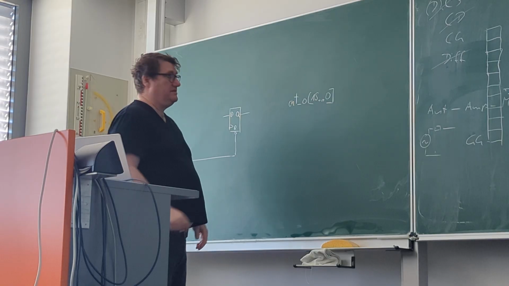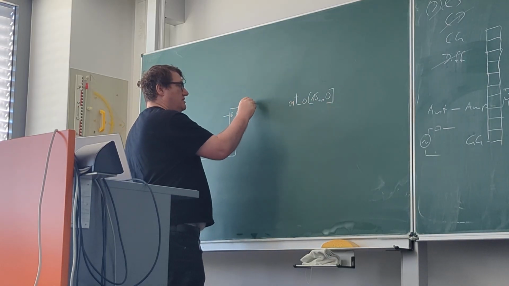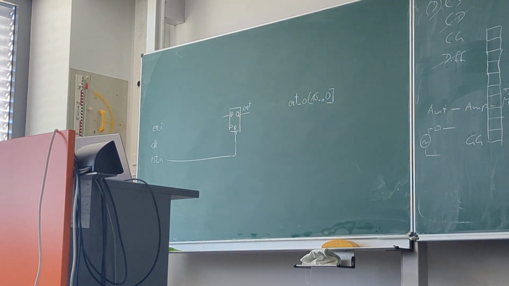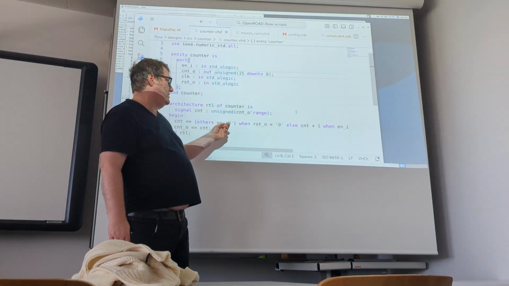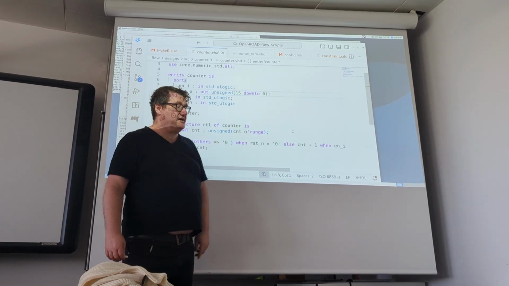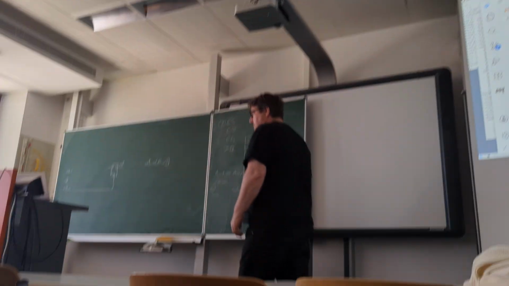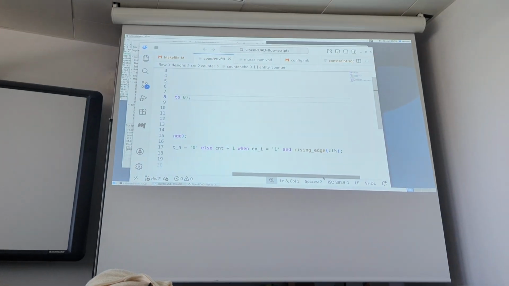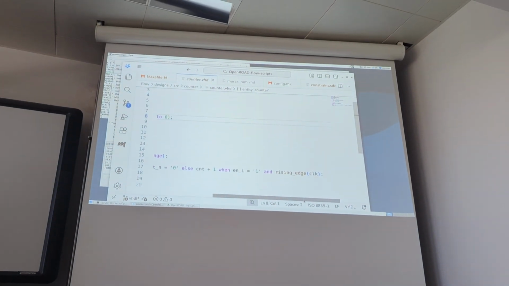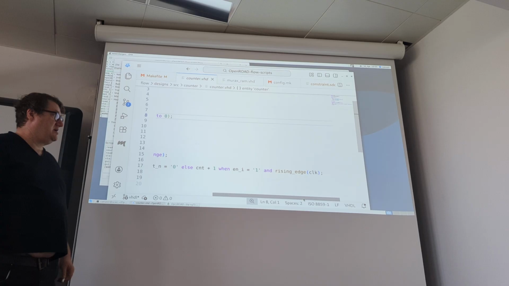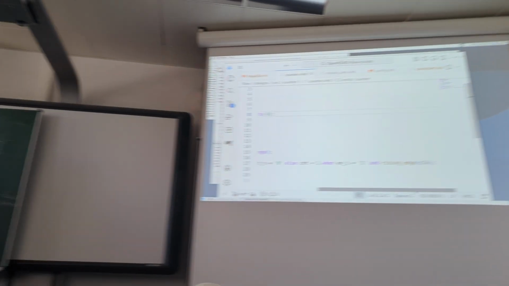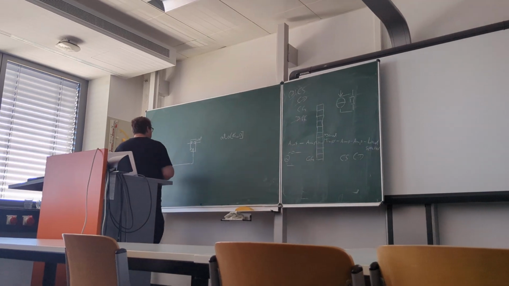The output of that is called count. And the input of that is not explicitly here. It says if we have no reset, then it should be count plus 1 when the enable is 1 and we have a rising edge on the clock.